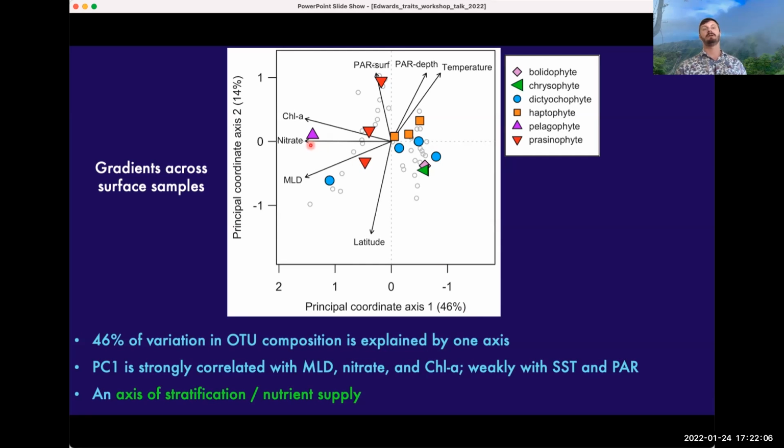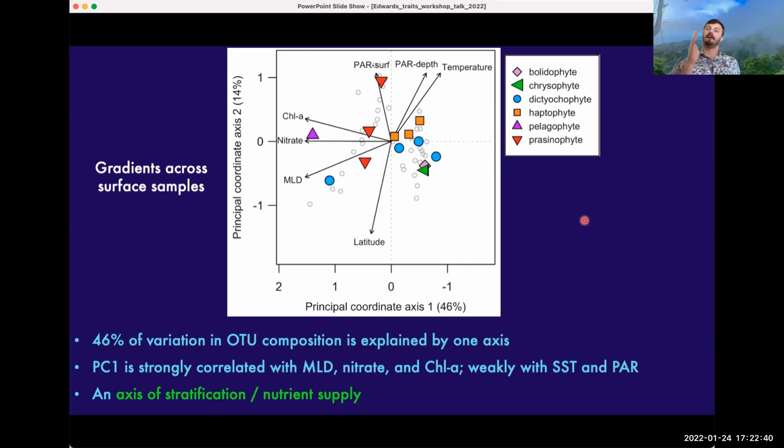And it's pretty strongly correlated with chlorophyll A, nitrate, and mixed layer depth, and has some correlation with temperature. And this is photosynthetically active radiation at the sampling depth. So basically, this looks like an axis of stratification. So you've got deeper mixed layers, higher nitrate, higher chlorophyll to the left, and then also colder and less light at the sampling depth, and then the opposite to the right.